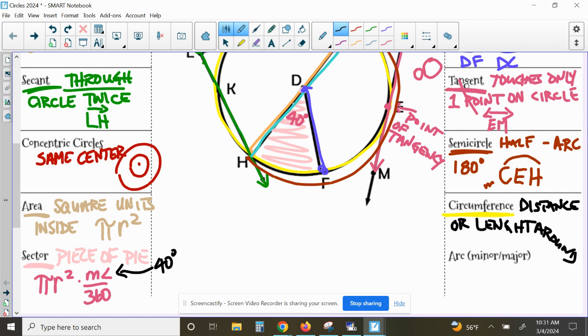That means you have a circle and you put a piece of string all the way around the edge, you straighten it out, and you measure how long it is. That's what circumference is, right? It's a length or a distance. Okay? You don't care about inside anymore. Does anyone remember the formula?